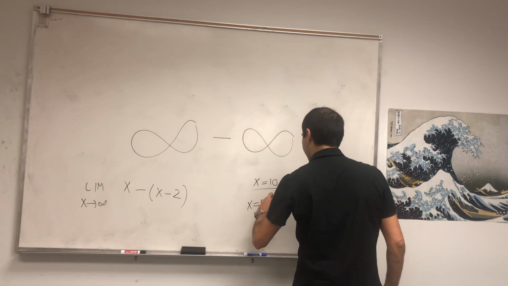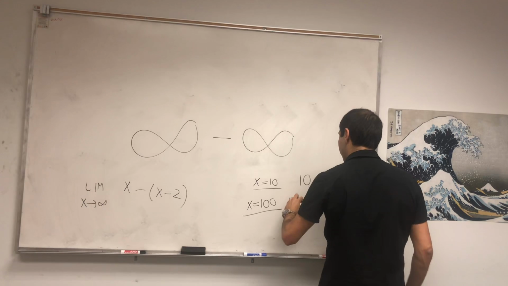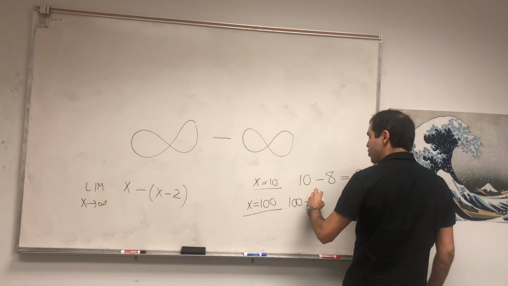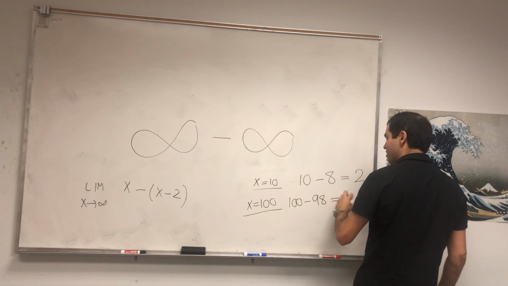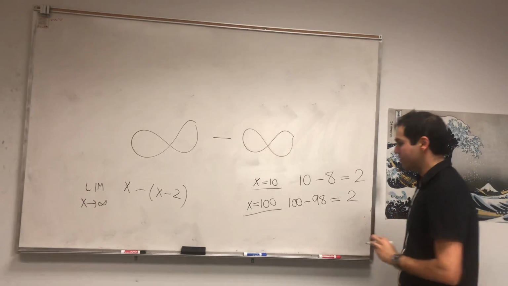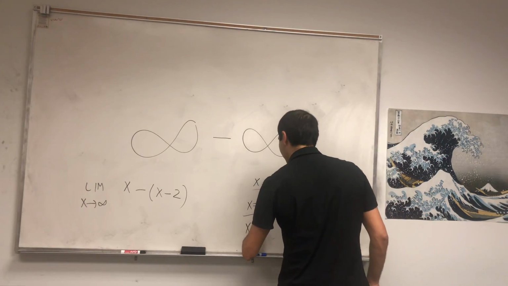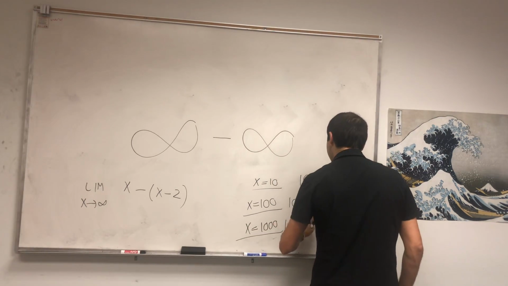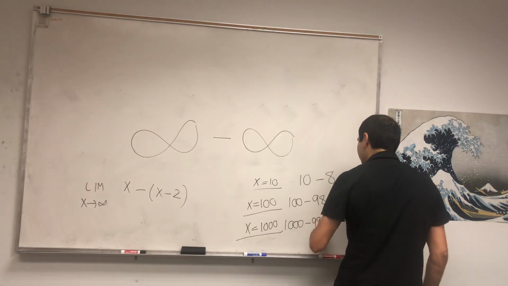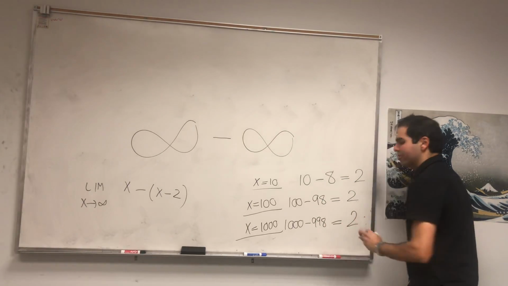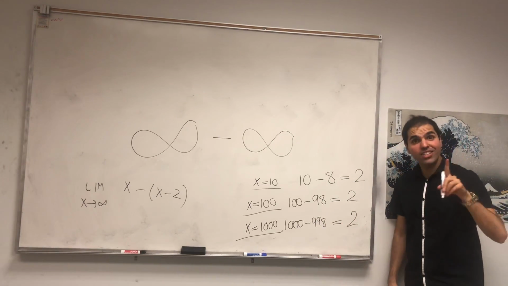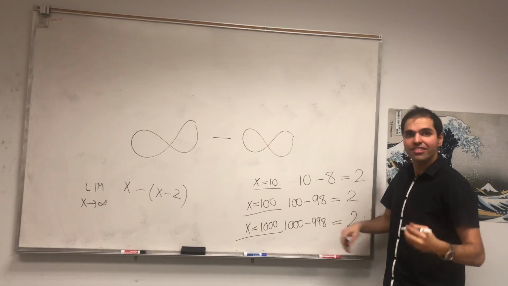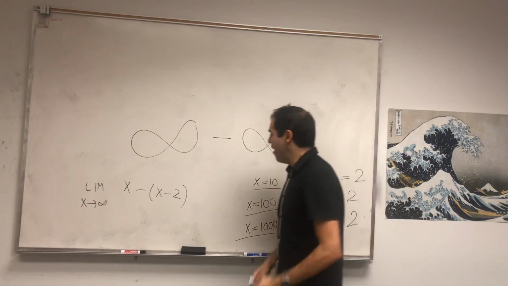Now, let's say you have $100. Then the bank charges you $98, and you have $2 left. And if you have $1,000, the bank charges you $998, and you still have $2 left. My suggestion, please switch banks, because this is kind of horrible.